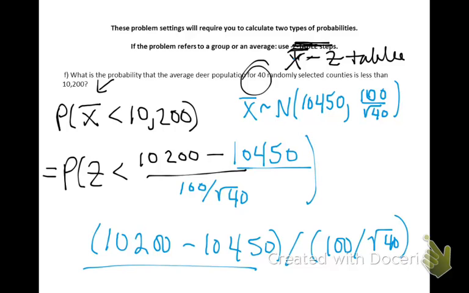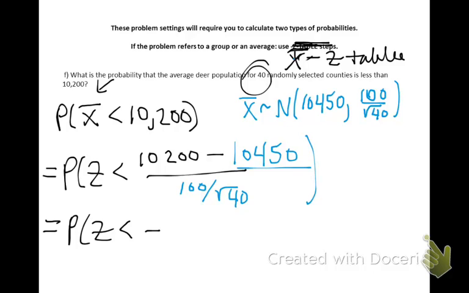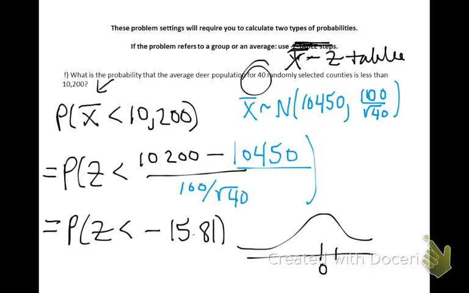Parentheses on the numerator, divide, parentheses on the denominator. This gives back a z-score of negative 15.81. If you think about the z-distribution, it's centered at 0 with standard deviation 1, so we can run up to 3 on the upper end and -3 on the lower end.